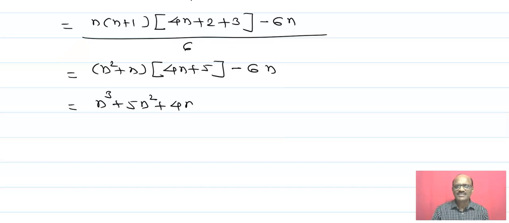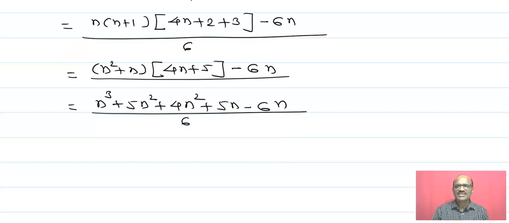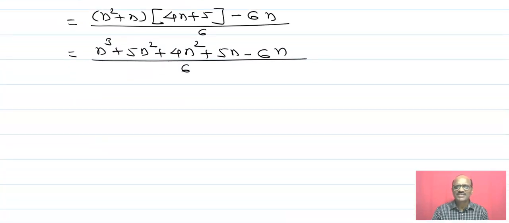Therefore it is n cube plus 5n square plus 4n square plus 5n minus 6n divided by 6 in the second. Now I am changing it, 6.